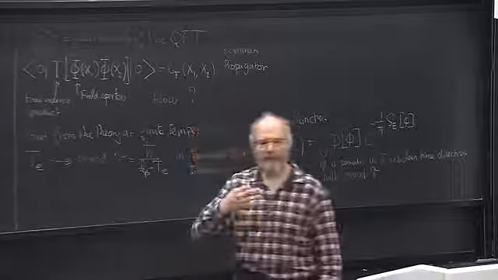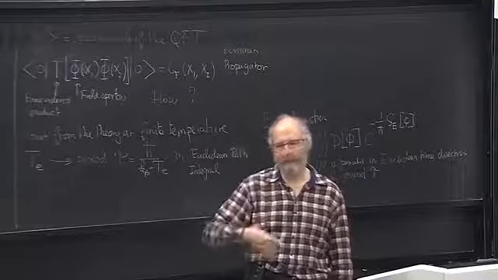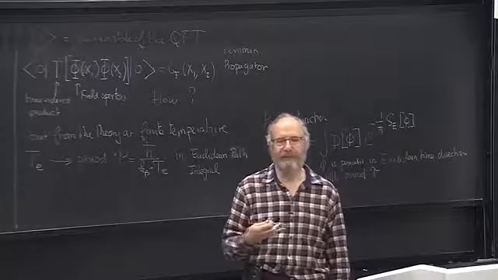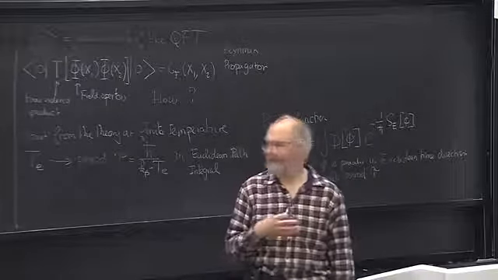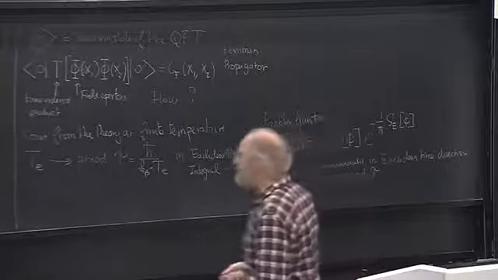And the period tau is related to this temperature by this relation. And this is a universal relation. It's completely independent of the quantum system you are considering. Okay. And therefore, what does this mean?